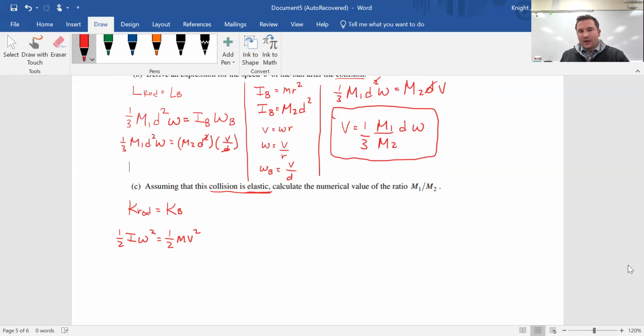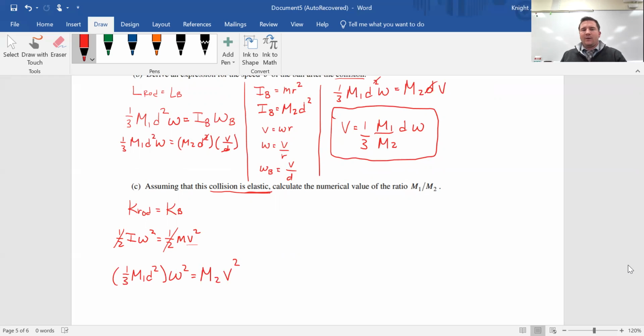So here we have another equation that's going to involve v. We can substitute in, hopefully, or substitute the other way, whatever works, and get something where we can come up with this ratio here. So we should notice right off the bat, there's a 1/2 on each side, so we can cancel that. I is going to become the 1/3 m1 d squared times omega squared equals, this is the mass of the ball, so m2 v squared.